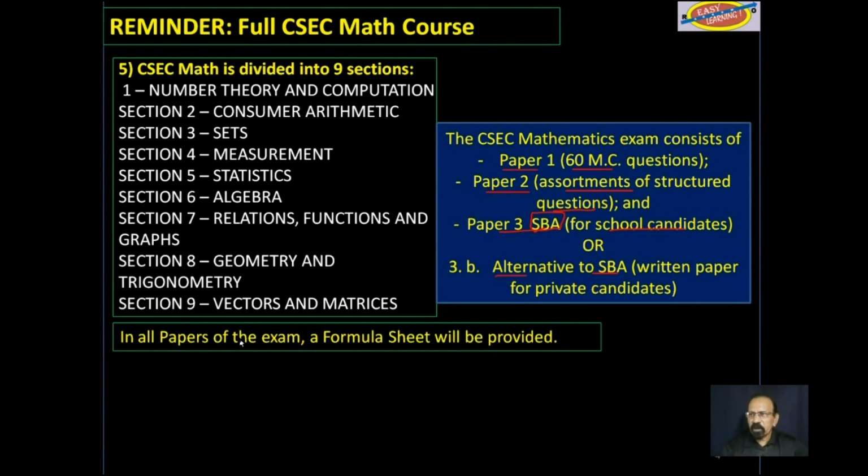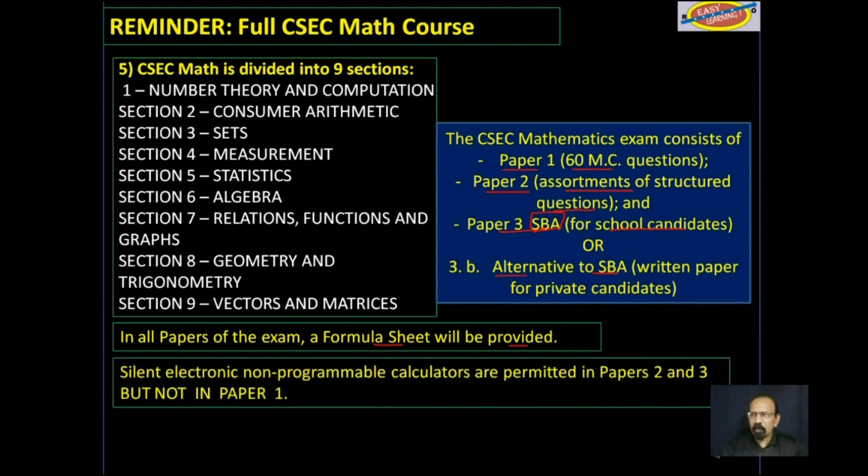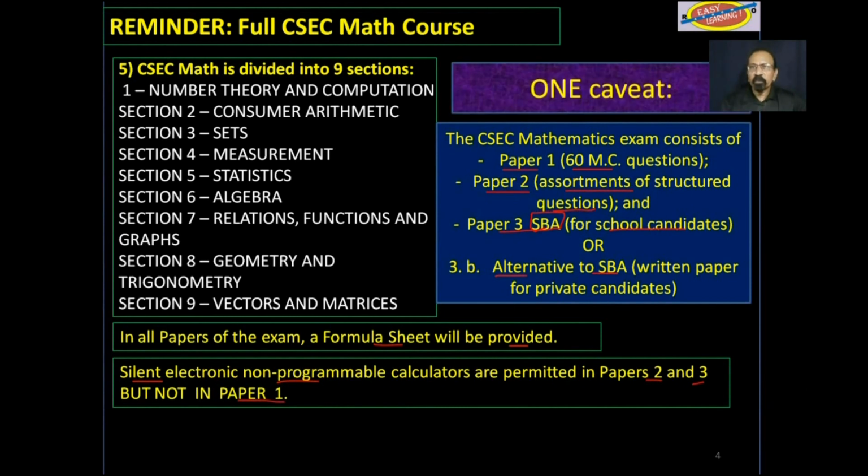In all papers of the exam, a formula sheet will be provided. Silent electronic non-programmable calculators are permitted in papers 2 and 3 only, not in paper 1, which means that we have one caveat.